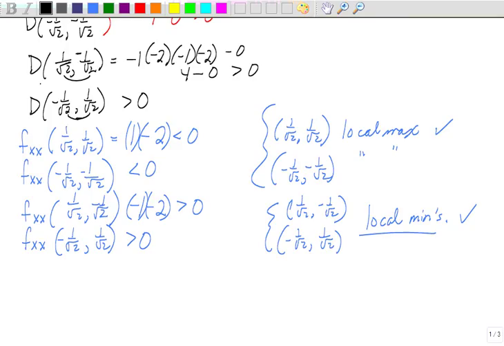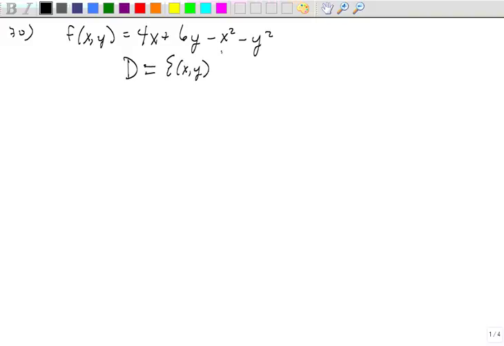All right, let's go back to the homework and look at 30. And 30, our function is, and we wanted it to be constrained on this domain.